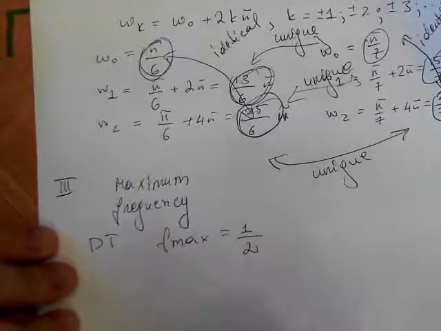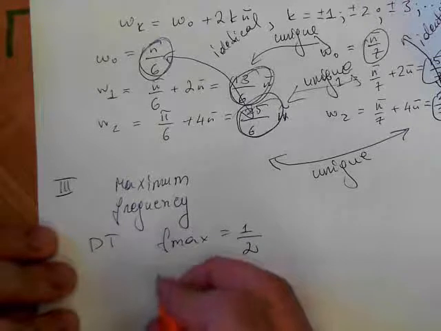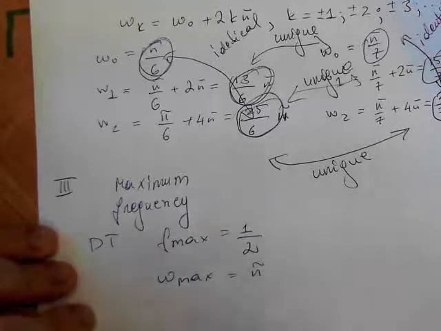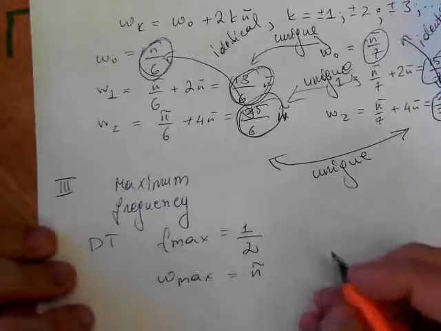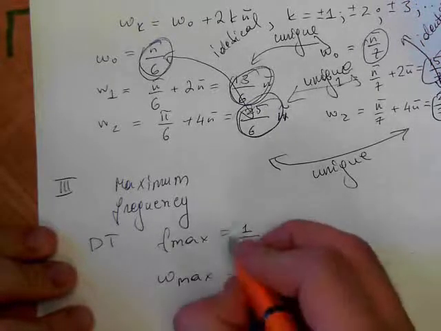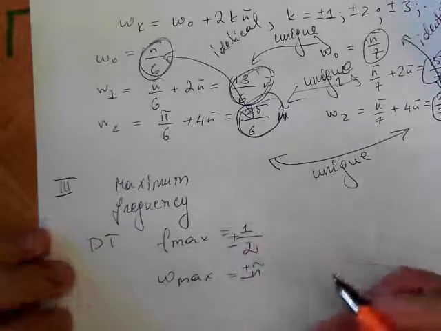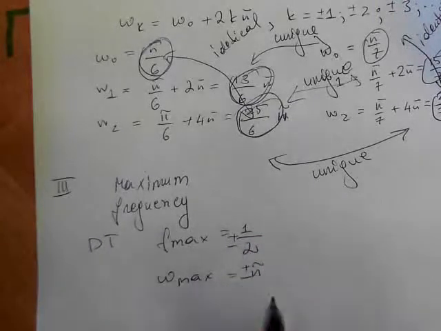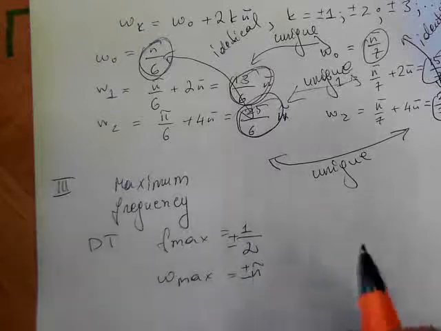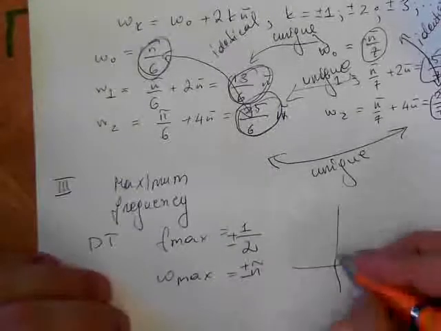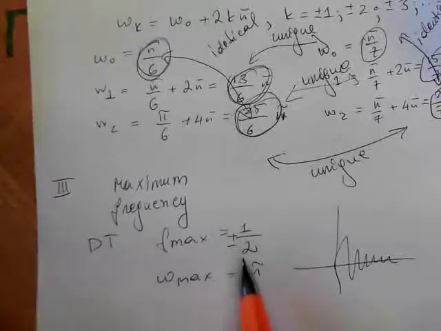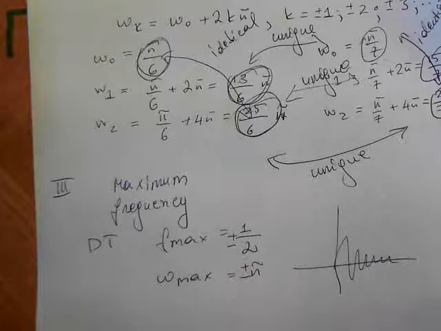F max we can write. It is 1 divided by 2, or if it is omega max, it will be pi. So it can be plus minus. Maximum refers to plus sign, but frequency is the amount of wiggling of the signal, so we can consider that minus holds here also.